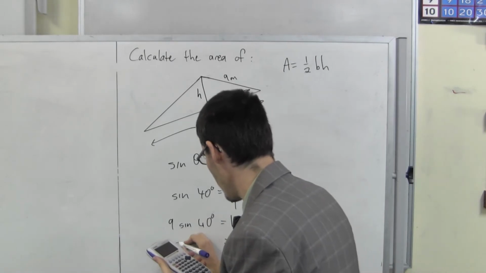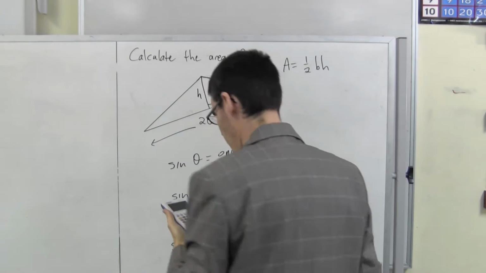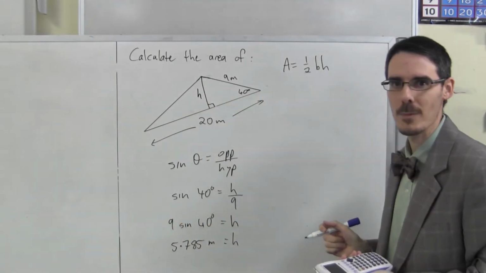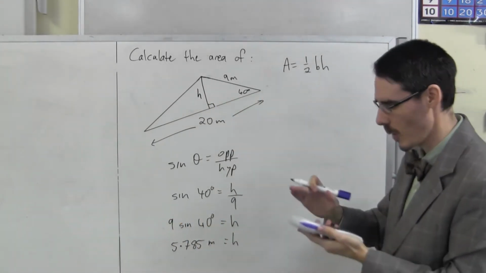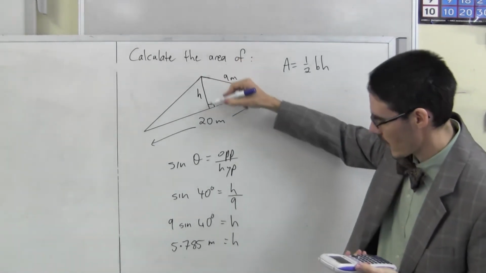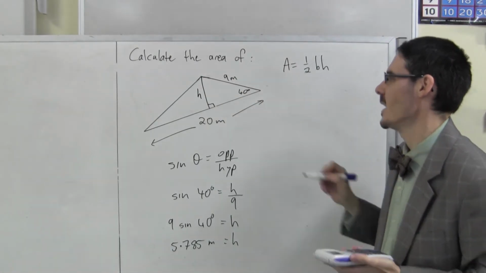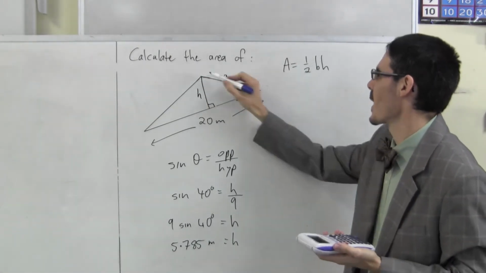It is 5.785 metres. And as I say, there's more decimal points there, but I'm not going to write them, but I will use them next. Okay, I've worked out my height, 5.785 metres. Does that make sense? Yes, it's about half of the 9.